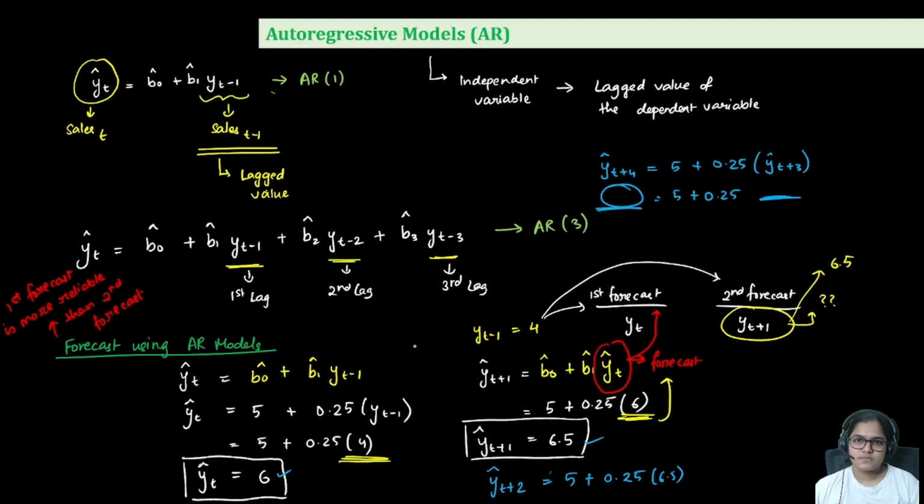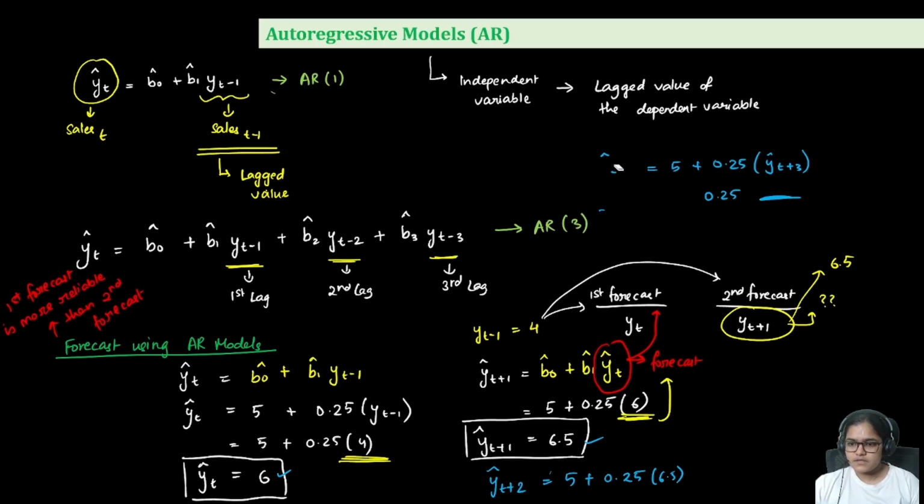There are so many estimates involved. Yt was an estimate. Yt plus 1 was an estimate. Then t plus 2 was also an estimate. Then t plus 3 is also an estimate. And using all these estimates in a way, I am getting t plus 4. Understanding? So that is exactly what we are saying. We are not saying the regression equation, etc., has changed. You need the previous lag.